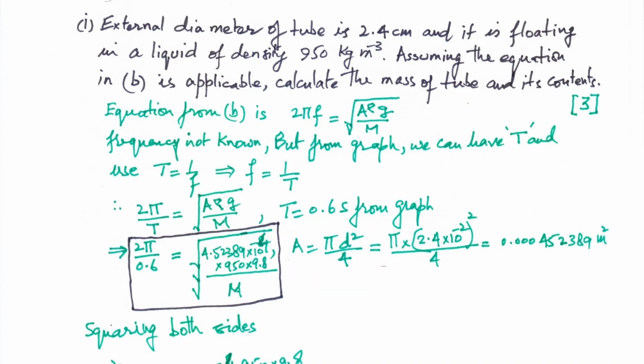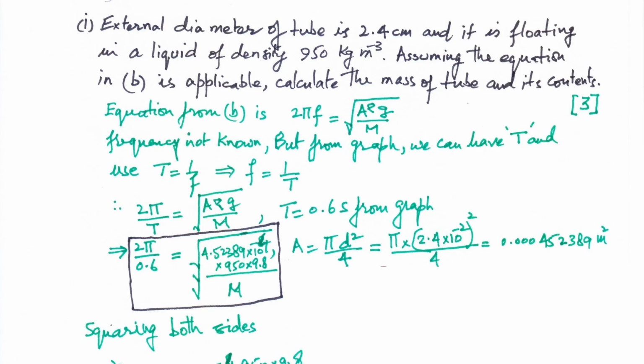And when you are putting in the values of d, you must remember that you have to change centimeter into meter. So, to change centimeter into meter, you have to multiply it with 10 power minus 2. And if you want to use pi r square, then you have to divide the diameter by 2 and put in the values, which is 1.2 into 10 power minus 2.